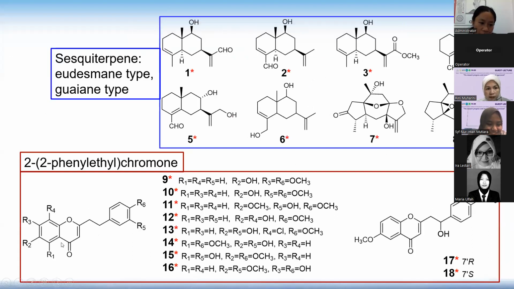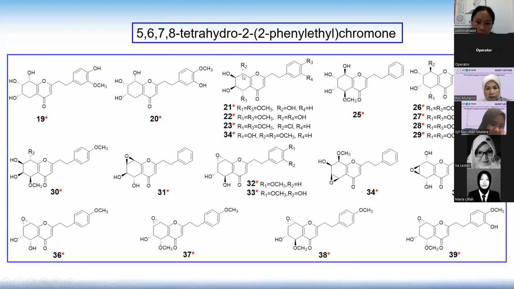The only difference is this ring here, this ring is reduced, and usually this part is substituted by hydroxy groups, or methyl groups. And sometimes two hydroxy groups lose one water to form an oxygen ring. This type is also very commonly found in this sample.